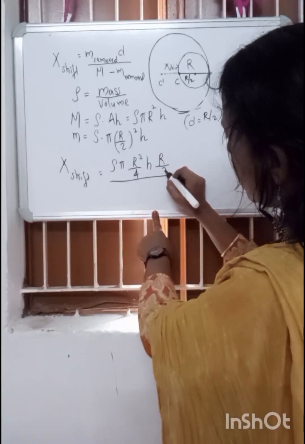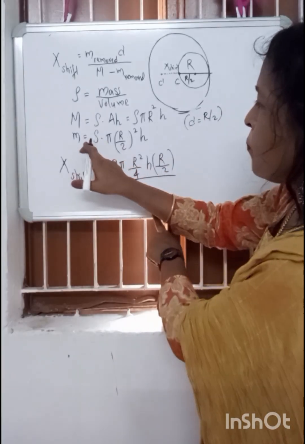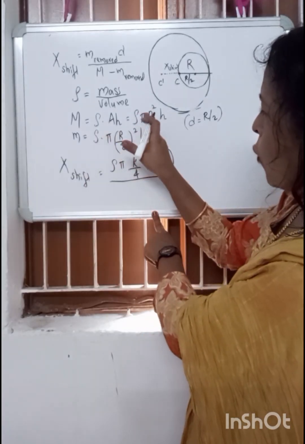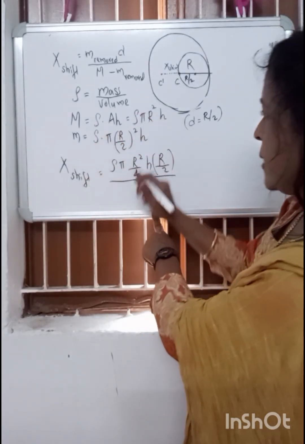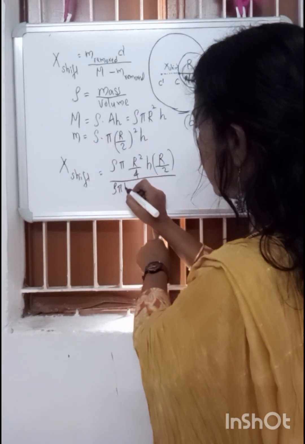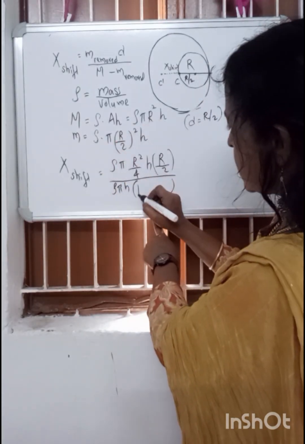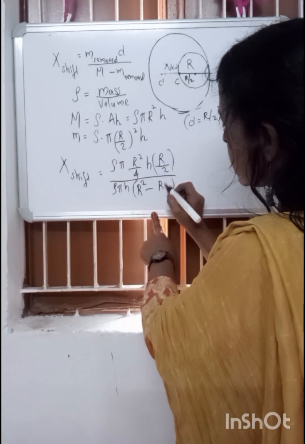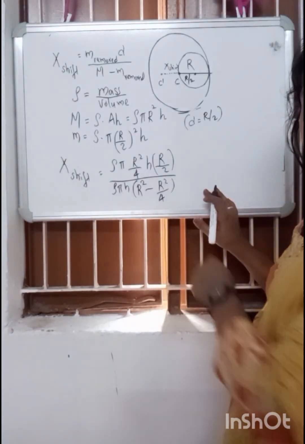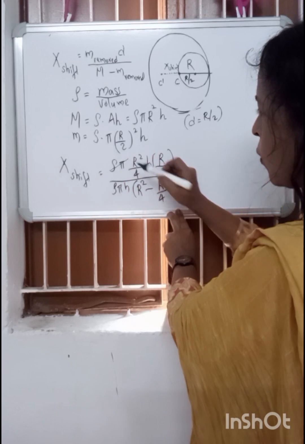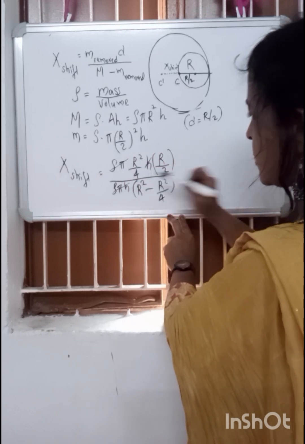So what are the common terms? Rho pi h. In the bracket, the terms are r square minus r square by 4.